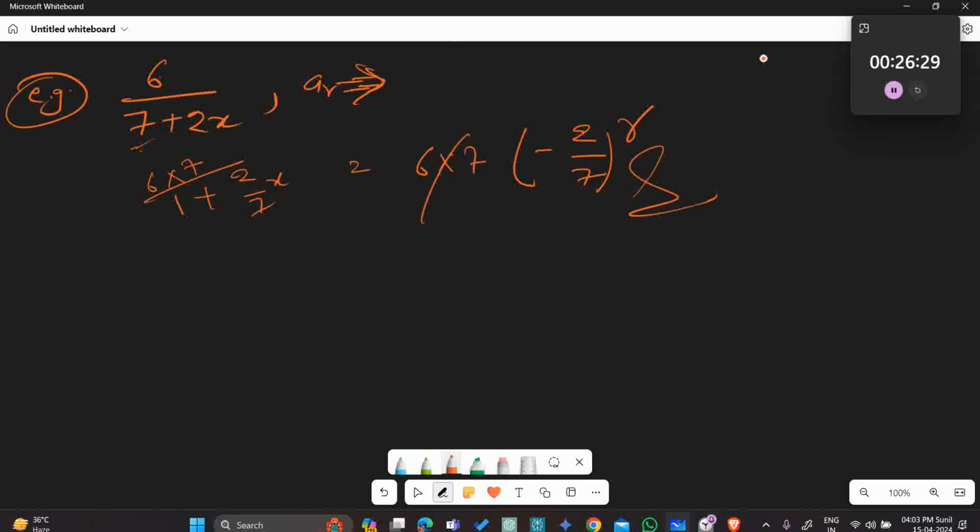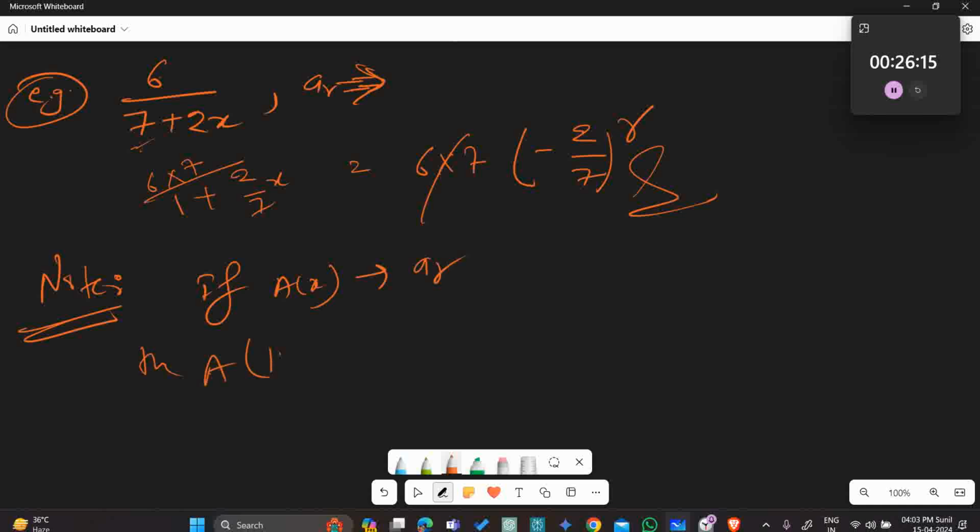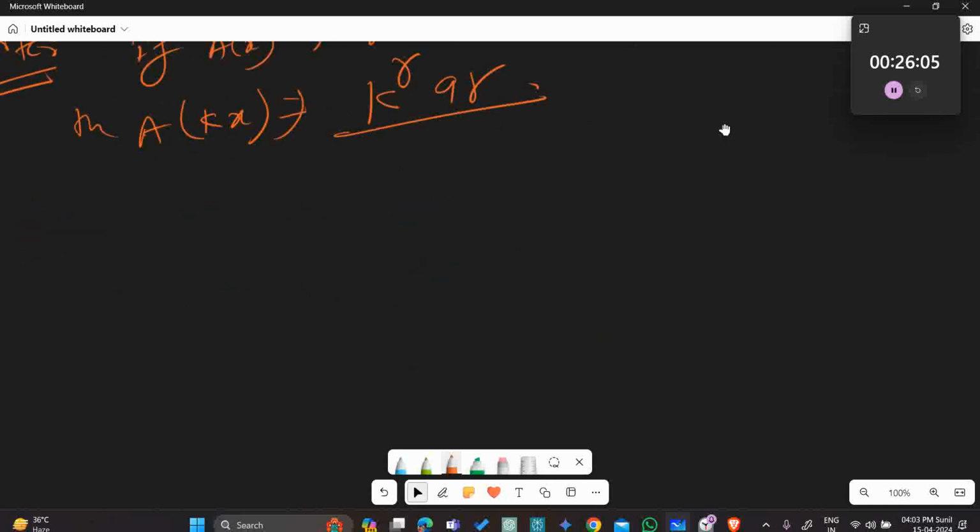This is the answer. One more note here: if a of x is a of r, then a of kx is k to the power r times a r. Alright, this is not a big deal. And for example here, a of x is equal to 1 upon 1 plus x, right?